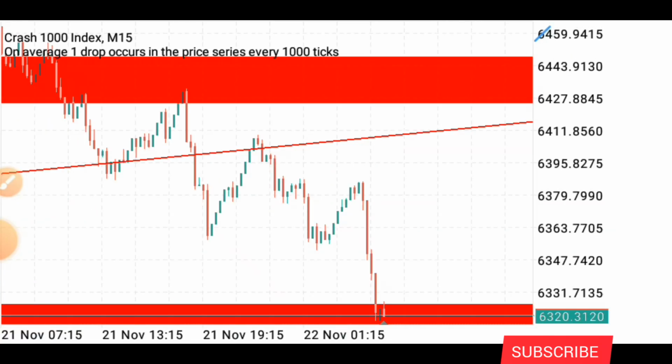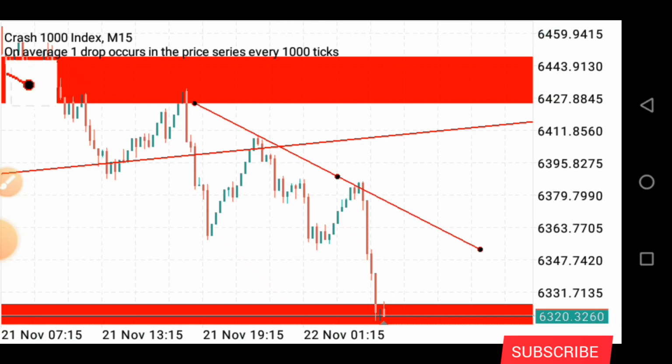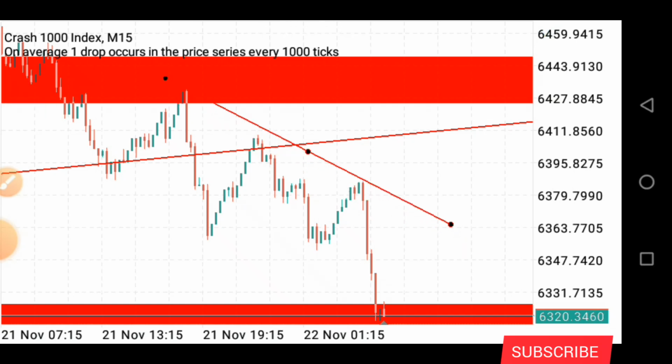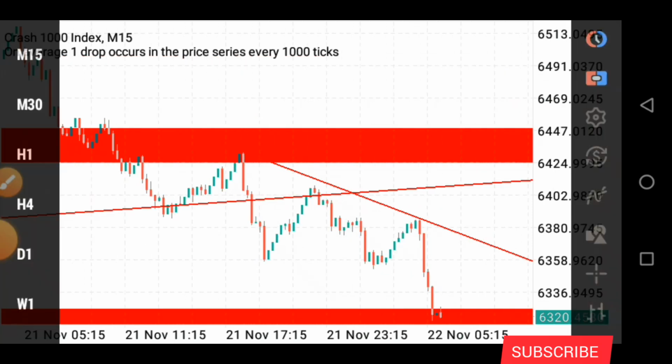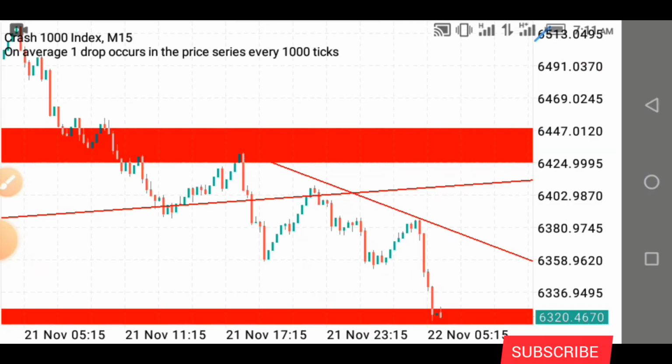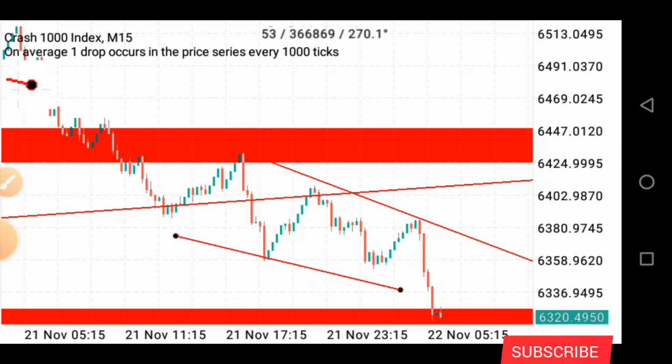Let me put in some trend lines again. Currently we know that we are in an uptrend, right? And there is a possibility that the trend will be changing to a downtrend soon. Okay, so this is what I'm seeing here on the 15-minute time frame. This is what is currently happening.